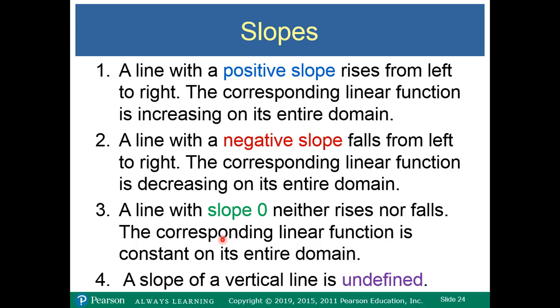If the slope is 0, then it doesn't fall, it doesn't rise. It's neither increasing nor decreasing, which means it's constant on the entire number line. Because remember, when the slope is 0, as we just spoke about a moment ago, it's going to be a horizontal line, right? And the slope of a vertical line is always undefined.